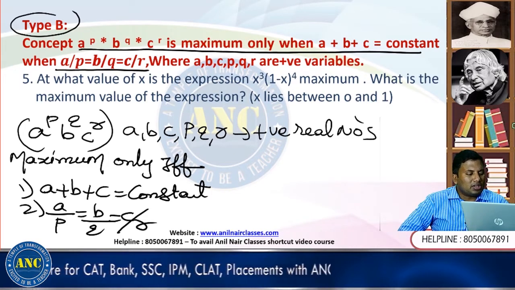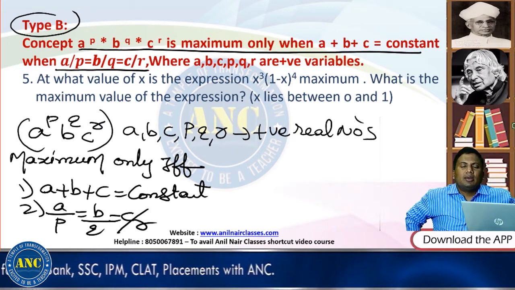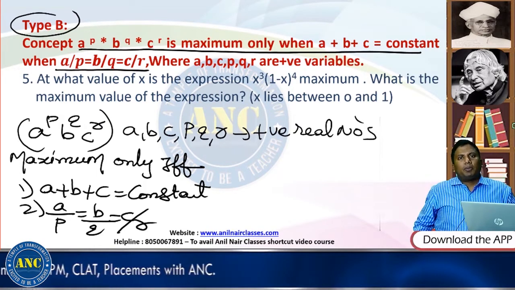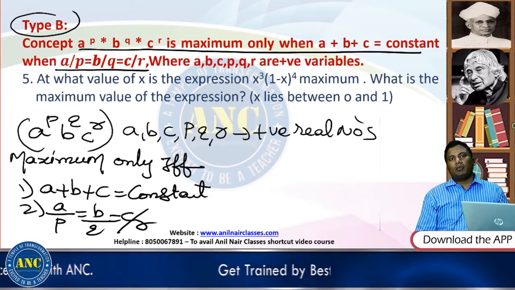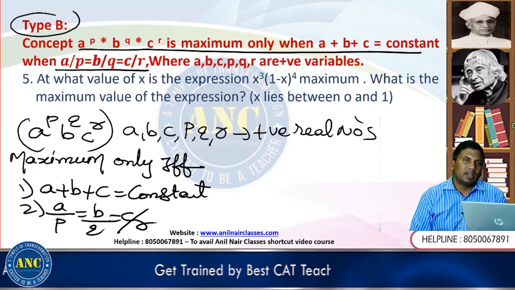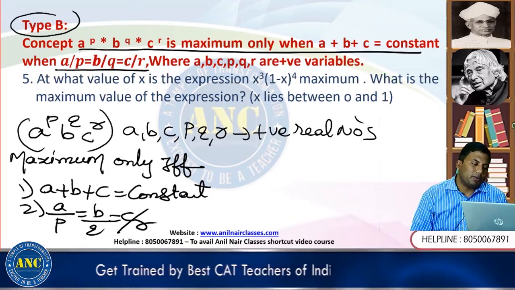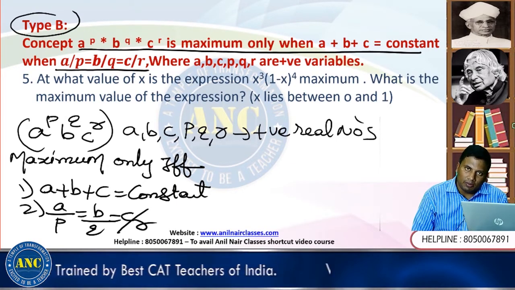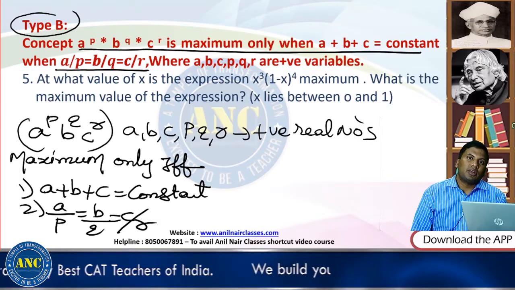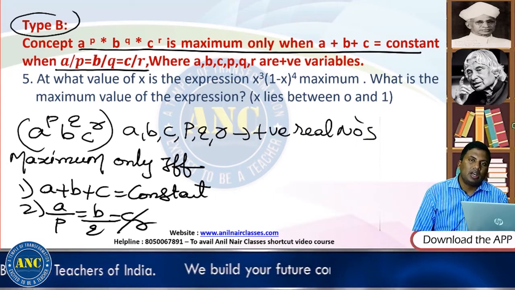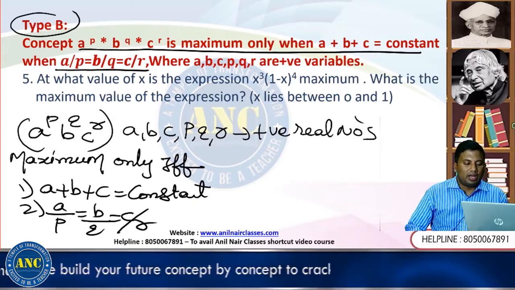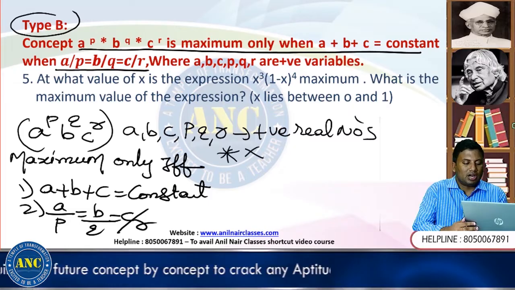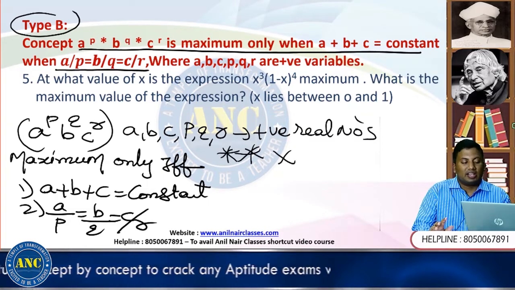When the expression is of this form, you can easily prove it by putting A power P, B power Q, C power R as K and applying logarithm, applying differentiation, you will get this. A power P, B power Q, C power R is maximum only if A plus B plus C is a constant and A by P equivalent to B by Q equivalent to C by R. This is the concept. The same thing is written in the red color.